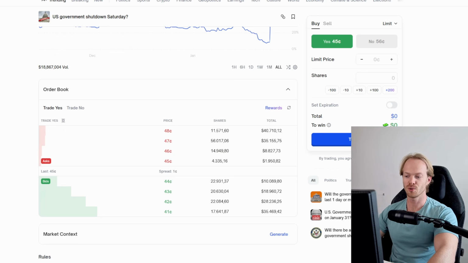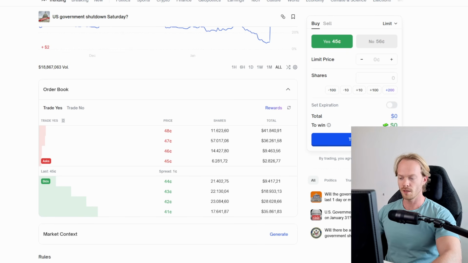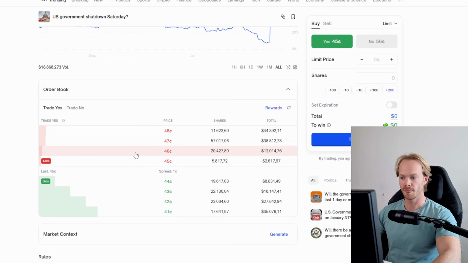To provide liquidity to a market, you have to place what we call a resting order on the order book. Let's say you want to sell, but you want to sell as a maker. You would have to place an order to sell your shares at 45, not crossing the bid, not crossing the spread.